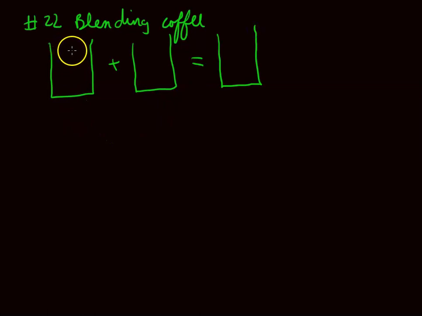The first coffee that we're mixing together is the 2.75 blend. Don't have the name for that, I guess. The other coffee is the $5 blend. I'm going to put a couple of zeros so it looks the same. To get a $3.90 blend, they tell us that we should use 100 pounds for the total of our blend, the final new blend.